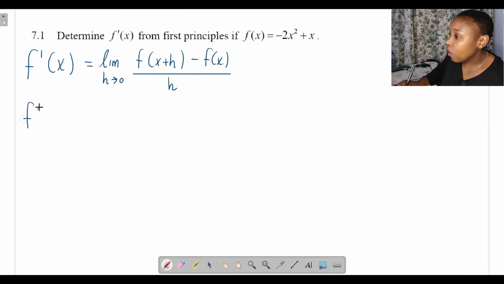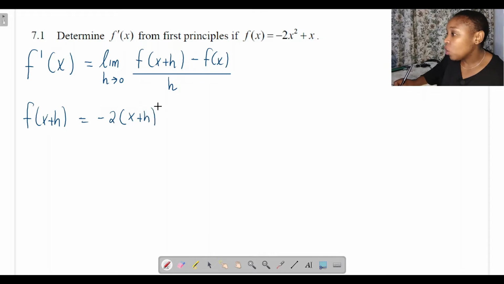So f of x plus h is equal to, in our f of x formula, where we see an x, we're going to substitute it with x plus h. So it's minus 2 times x plus h all squared plus, what is our x? x plus h. We're going to simplify this further. It's going to be minus 2. I'm going to show you a quick way in which we can expand that bracket. It's going to be square the first term. The first term is x, so x squared.